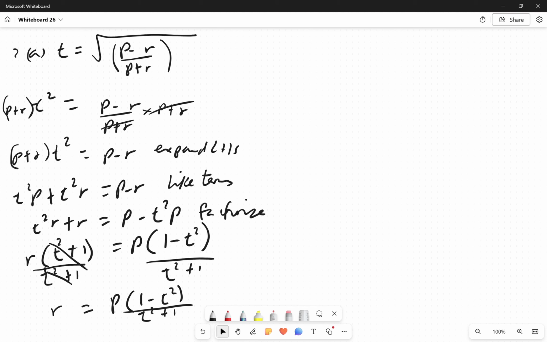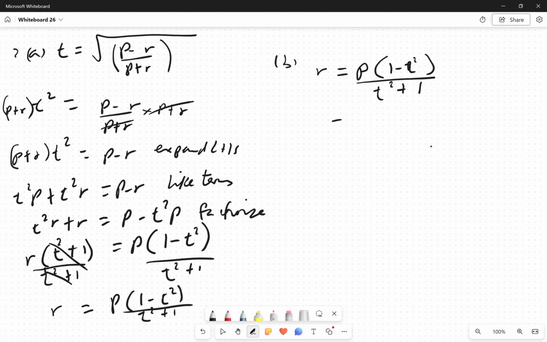That's the A part. Now the B part, we substitute the values. It says our t is 3, and then p is 10. So we want to find the value of r. So r is equal to p, let me write it again, p, and then we have 1 minus t squared, and then over t squared plus 1.